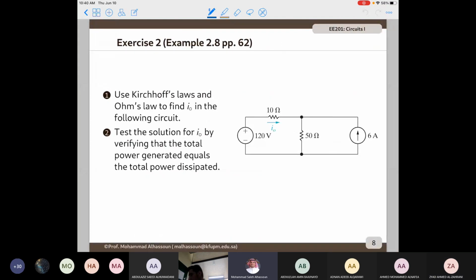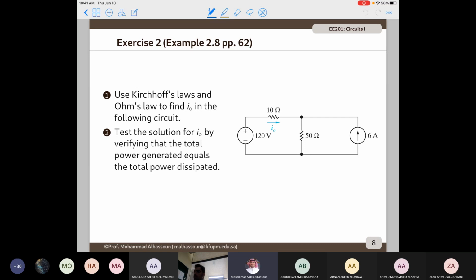Okay, very good. So now let's go ahead and solve some exercises on KVL and KCL. The previous exercises were on KVL and KCL; we were attempting to just list the equations.